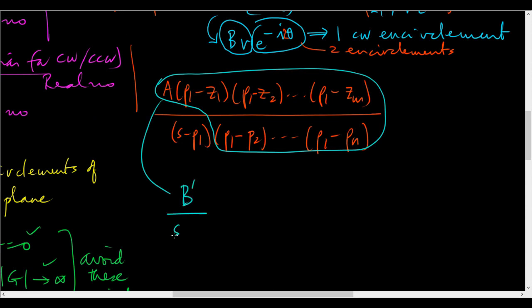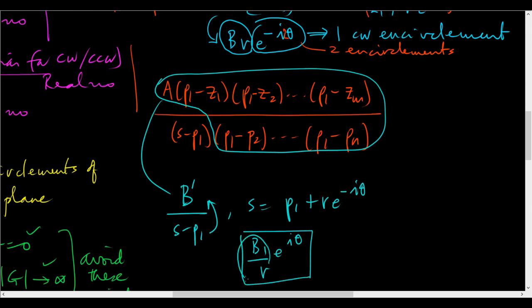By S minus P1, but S is equal to P1 plus some r e to the power minus I theta. Therefore we will have b1 by r e to the power I theta, because this was in the denominator, so it will come up and become e to the power I theta. This is just some number b1 by r, and as theta goes from 0 to 2 pi, this will be a counterclockwise encirclement, equal to 1 counterclockwise, which is equal to minus 1 clockwise encirclement.